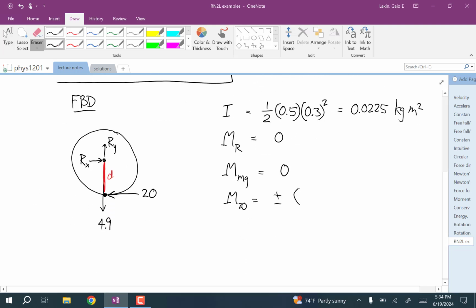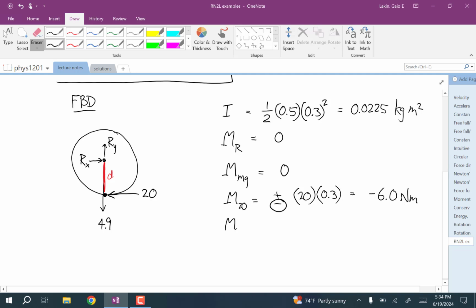So we have a force of 20, a distance of 0.3. With the hinge at the center, a force here in this direction will make it rotate clockwise. So we're going to take the negative. And this gives us negative 6.0 Newton meters.